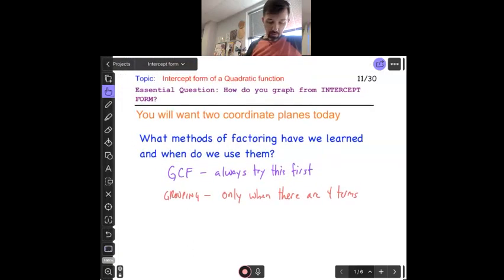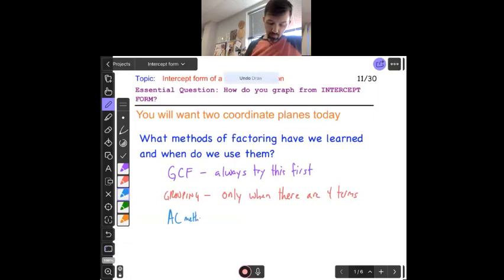And then after grouping on Tuesday, we went to the AC method, which is probably the most important of the 3. And so what we saw with that is that it's mainly when there's 3 terms.